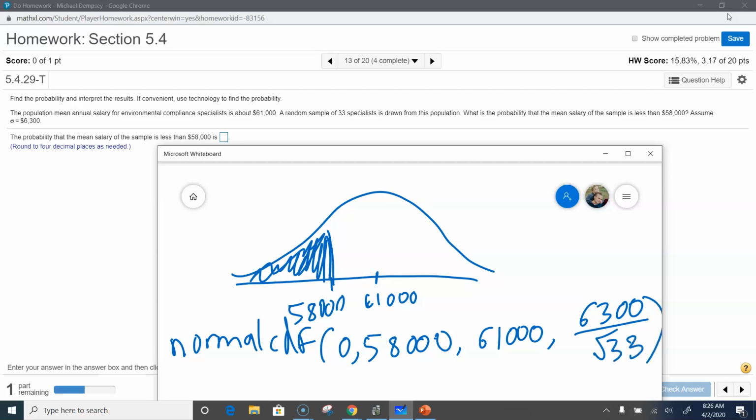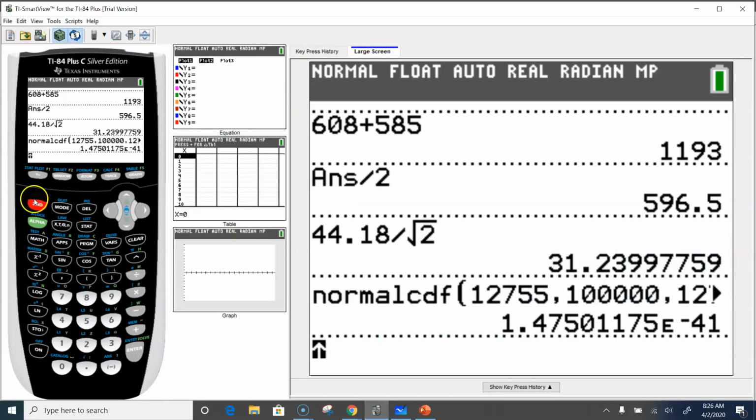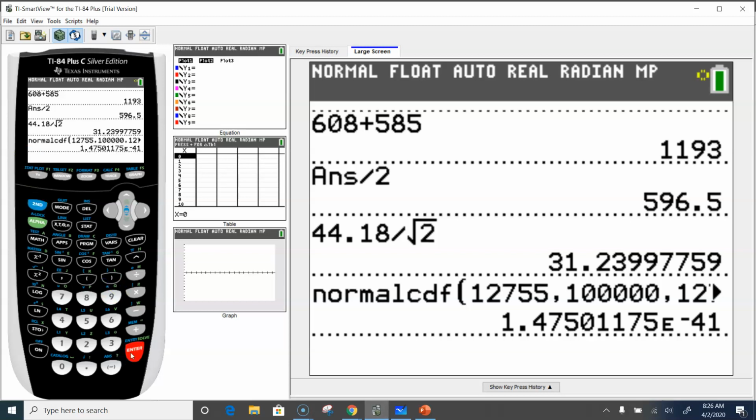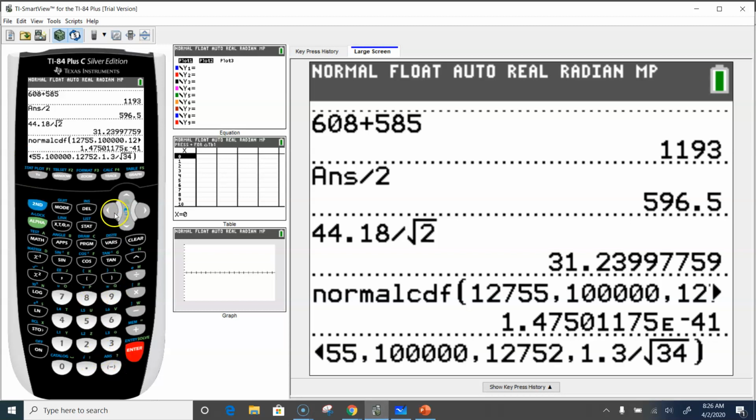Okay, so we throw that in the calculator and see what we get. Might be quicker, just put in normal CDF. This calculator will freeze on me if I click this button too rapidly, so that would be not fun if our calculator freezes.